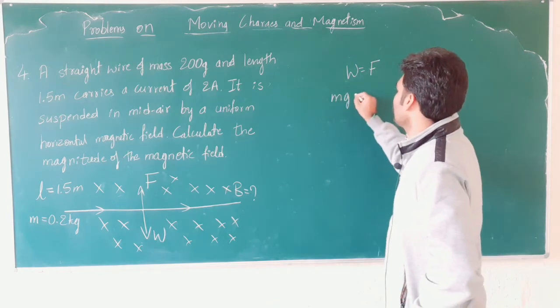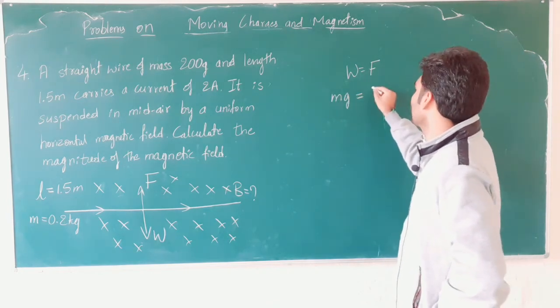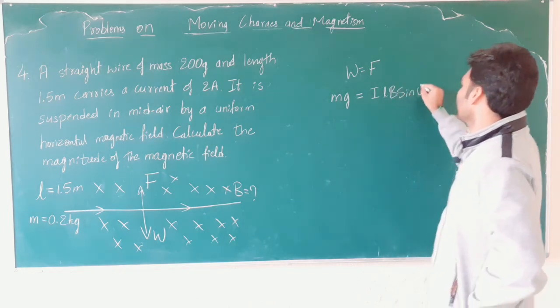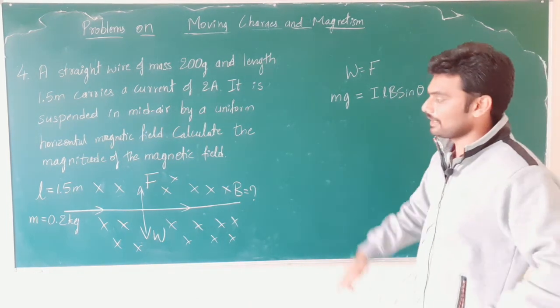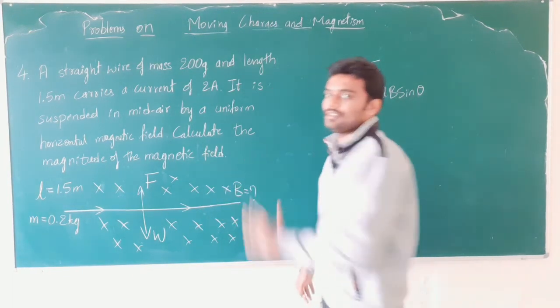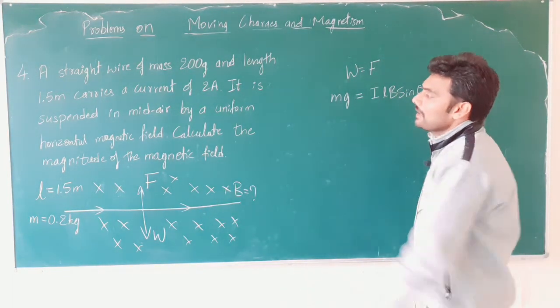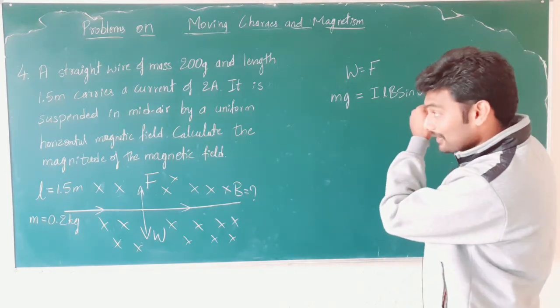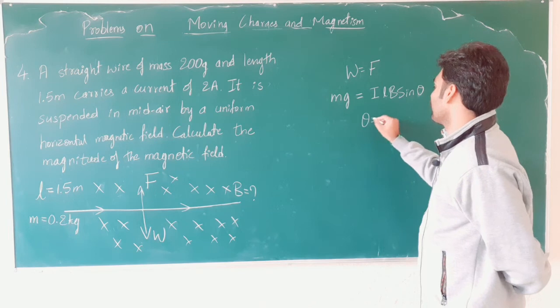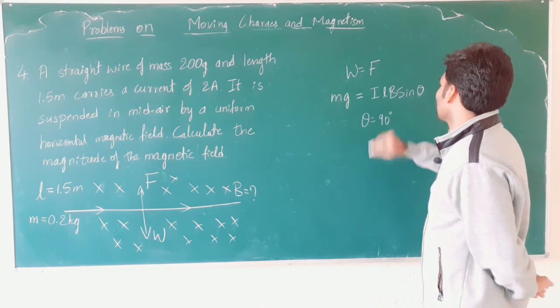So, mg is equal to magnetic force, which is I L B sin theta. What is theta here? Theta is 90 degree. It can be anyhow, but we'll take theta as 90 degree. In fact, the problem is incomplete, but we can consider theta as 90 degree for the simplification of purpose. So theta is 90 degree here.